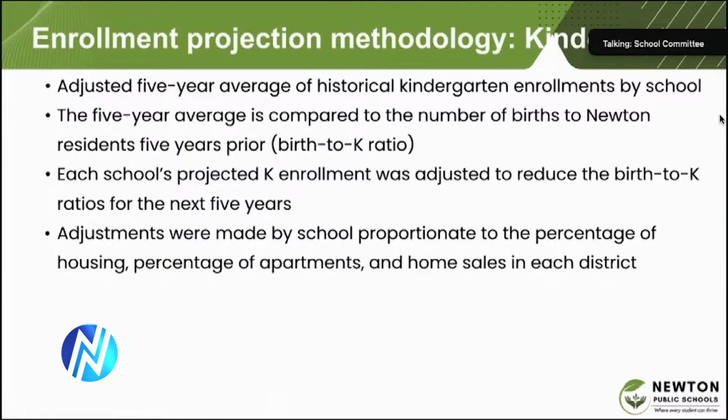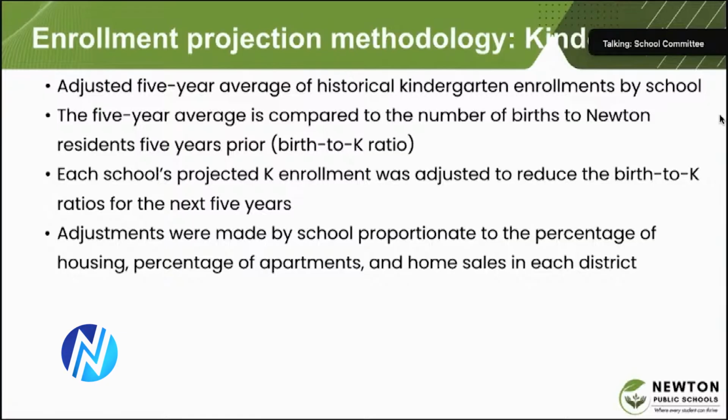Once we calculate that ratio, we look at how it compares to what we've seen historically, and whether it is much higher or lower than what we've seen in recent years. If it is much higher or lower, we make some adjustments to try to bring that ratio more in line with what we've seen in recent years in Newton. And that's what we did this year, and I'll show that on the next slide.